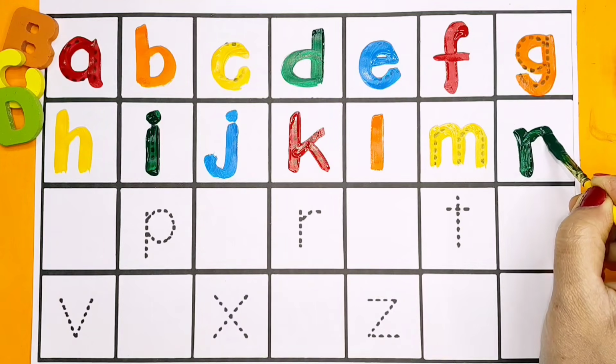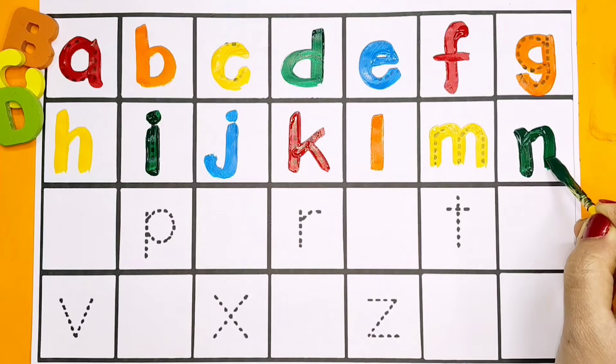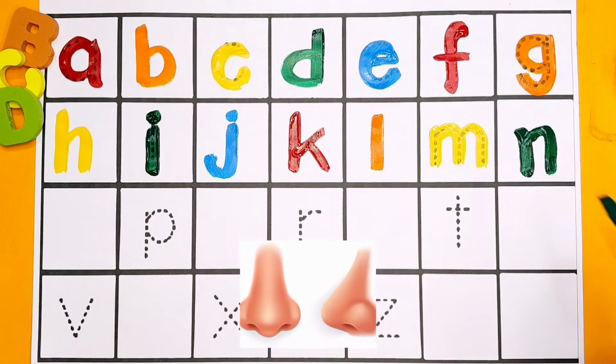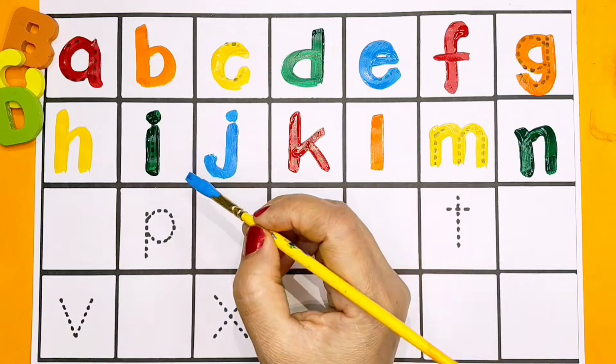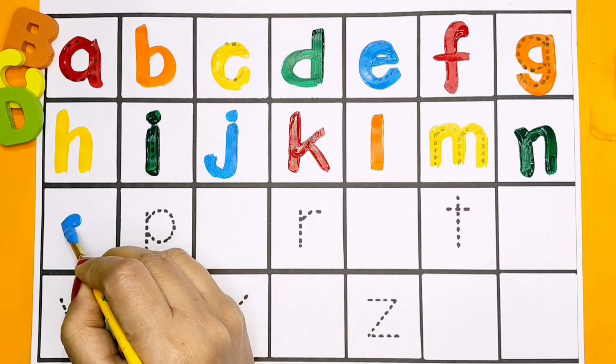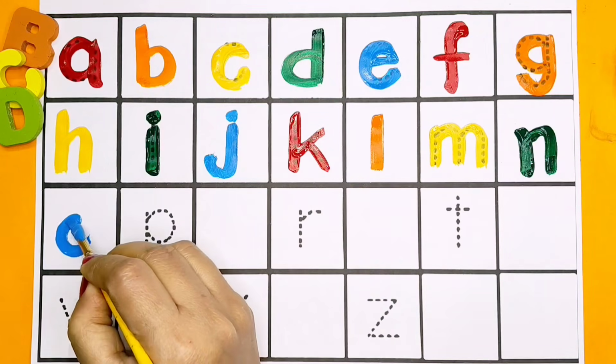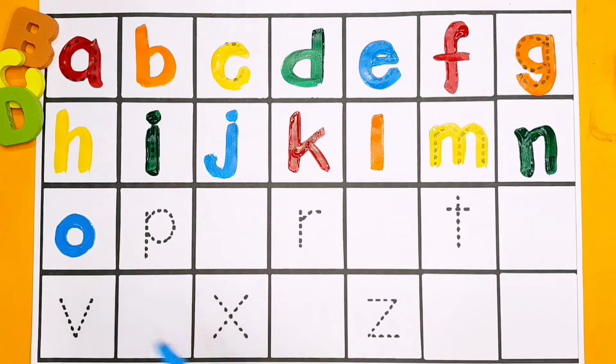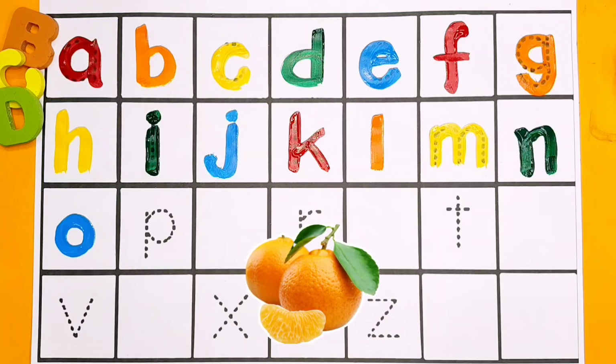Missing letter N. N for nose. N for nose. Sky blue color. Missing letter O. O for orange. O for orange.